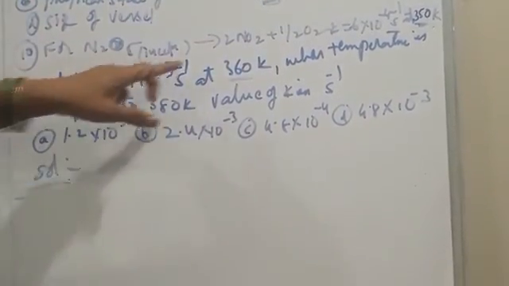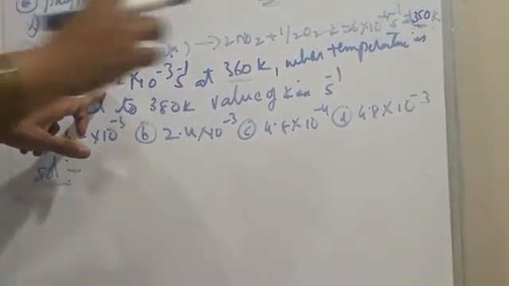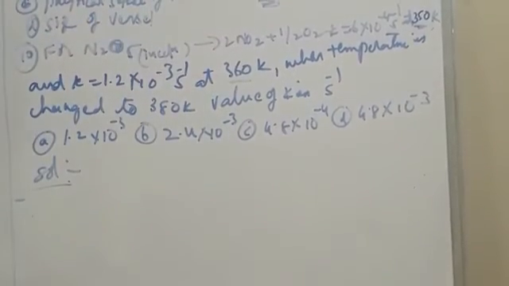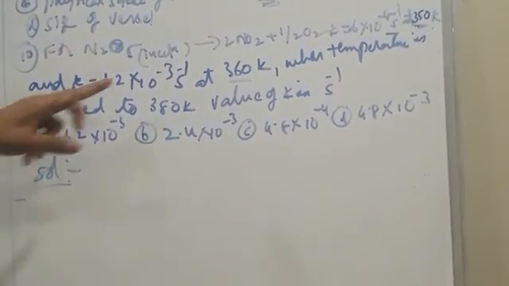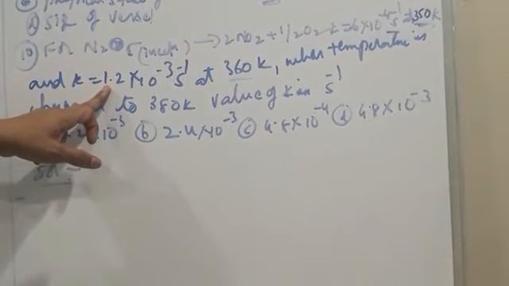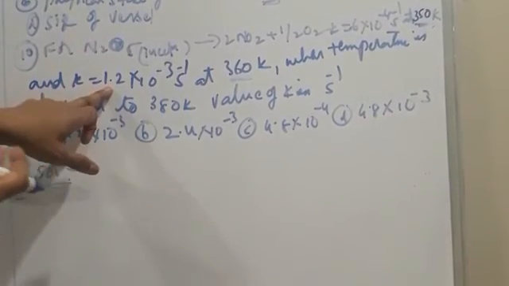So at 360 Kelvin, rate becomes double. When temperature is changed to 380 Kelvin, at 360 it is 1.2 into 10 to the power of minus 3. For every 10 degrees rise of temperature, rate becomes double.